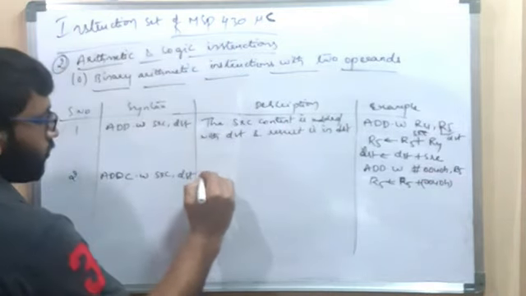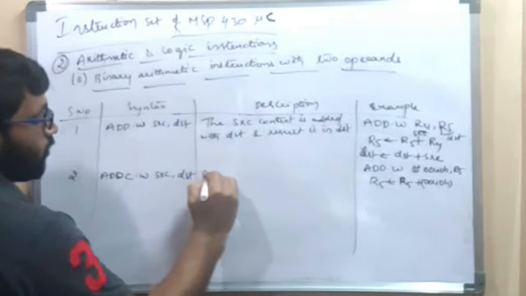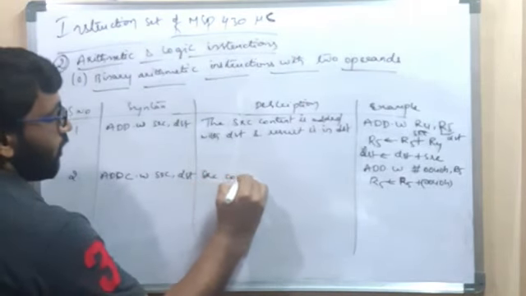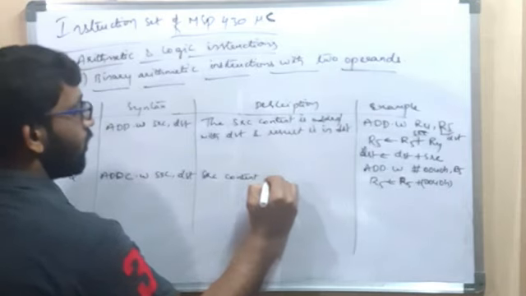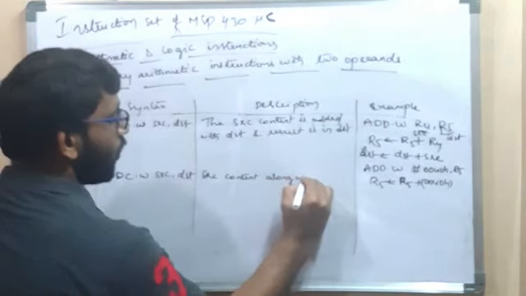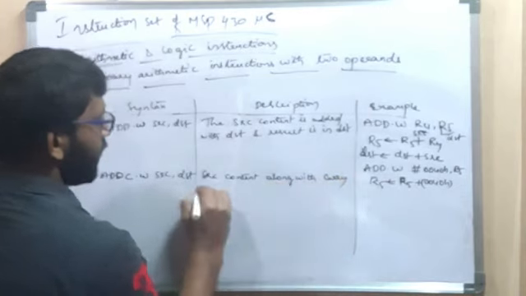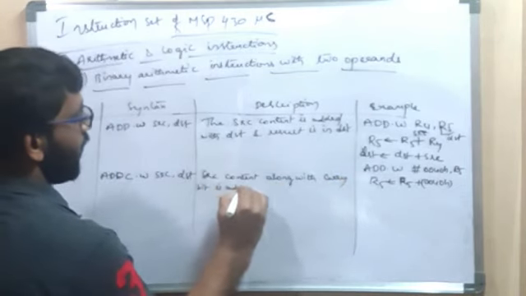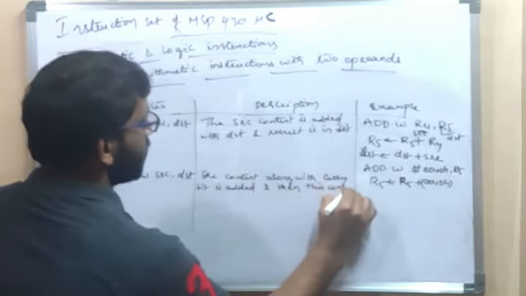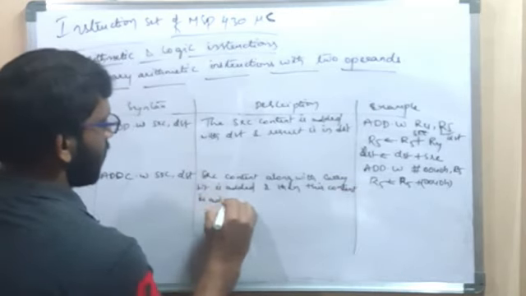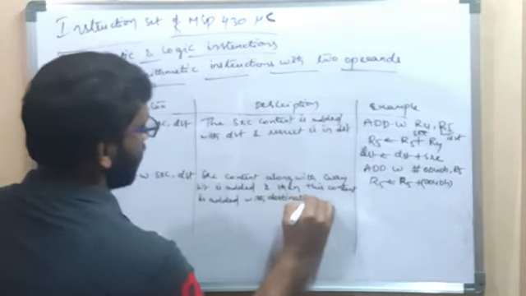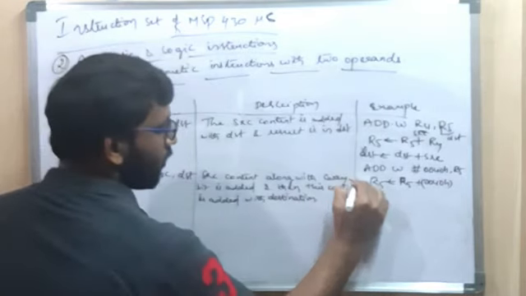So here the source SRC content along with carry bit is added, and then this content is added with destination.